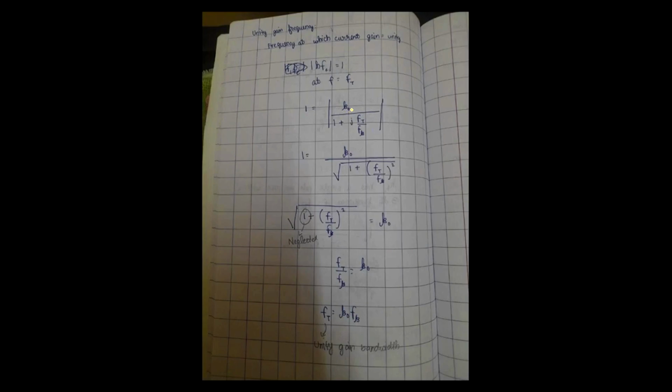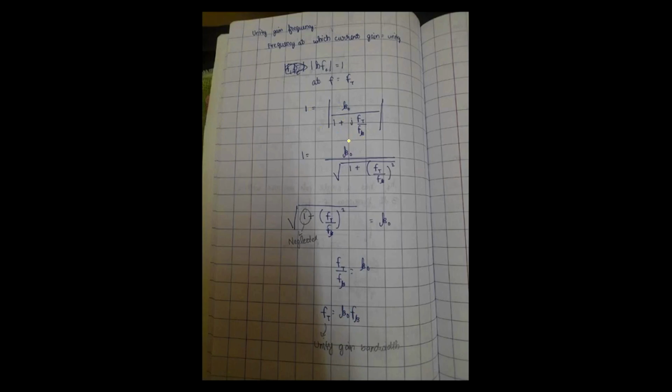So we get beta naught by 1 plus... it's not just the expression which is 1, it's actually the magnitude of the expression. So we have the magnitude of beta naught divided by 1 plus j ft by f beta is equal to 1.